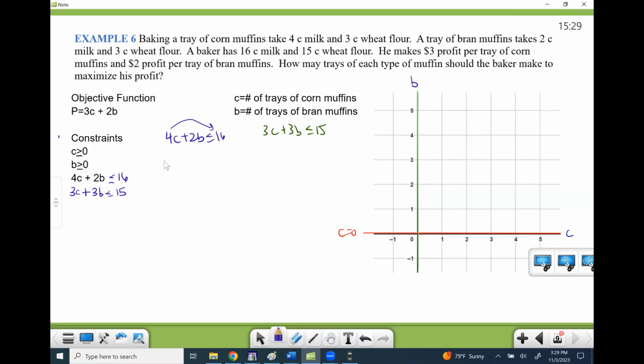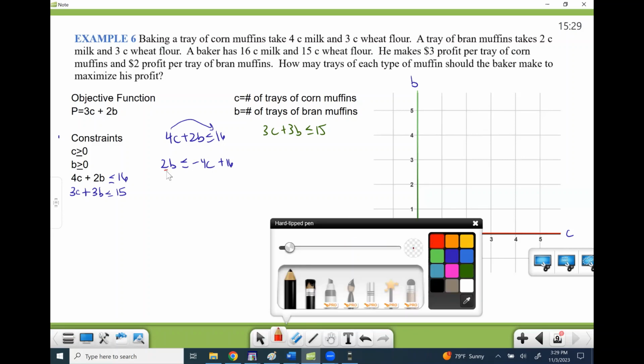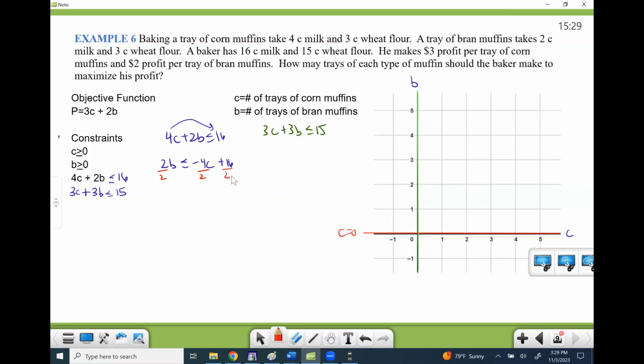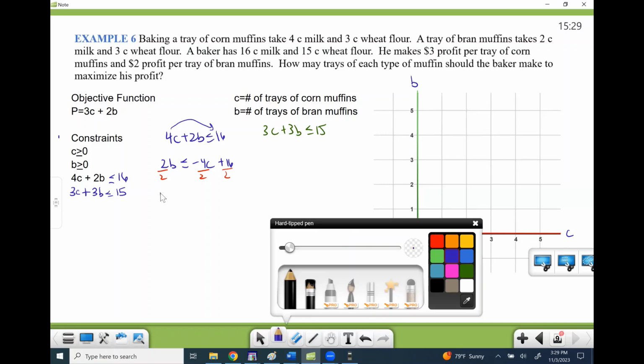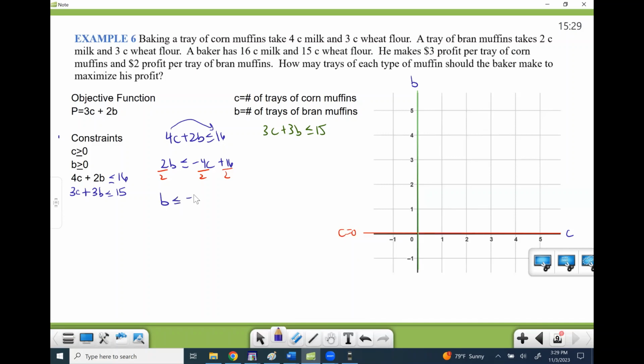So I'm going to move the 4C over. And then I'm going to go ahead and divide by 2 there, everybody. So the y-intercept for this equation is going to be 0, 8.